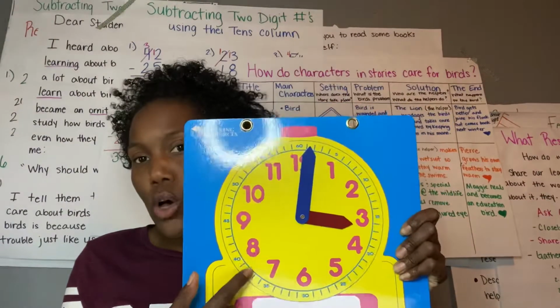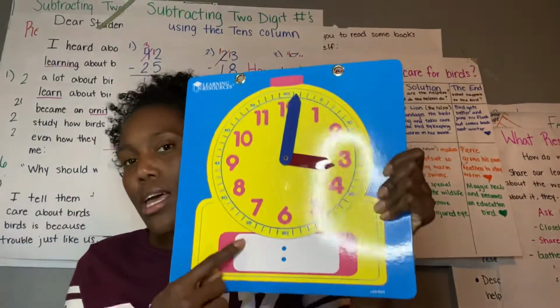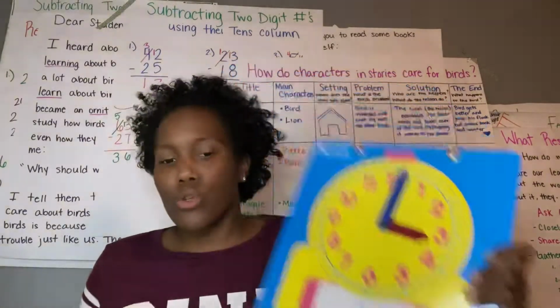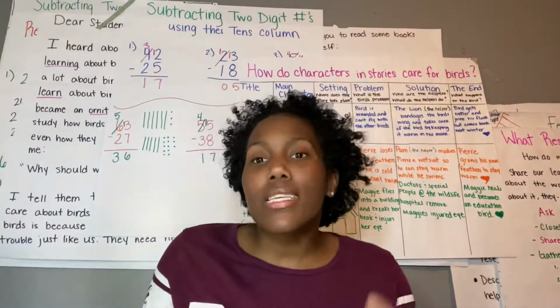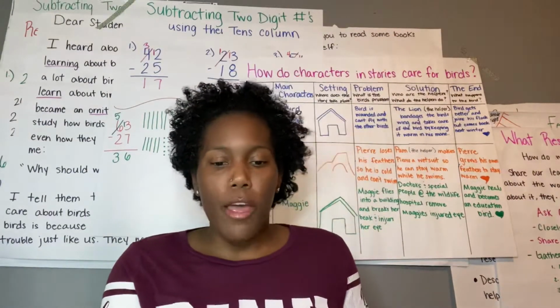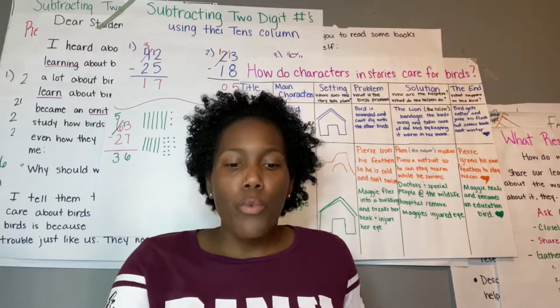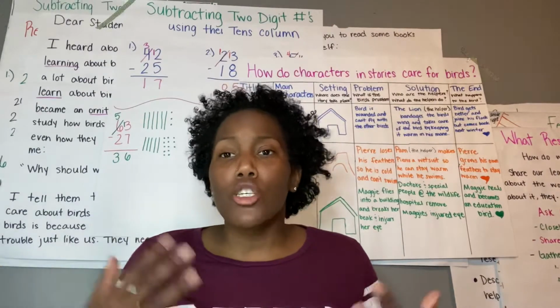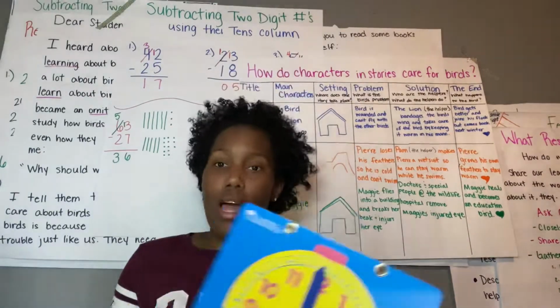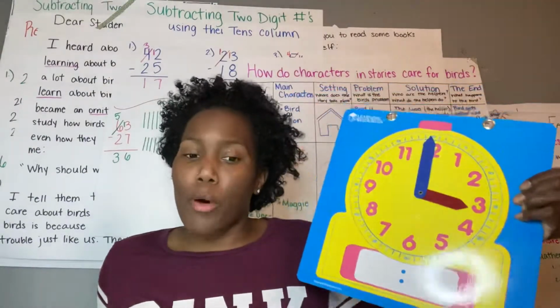An analog clock. This is an analog clock. This is how we would use this clock for digital time. They both are saying the same time, but we show them in different ways, okay? So we're going to do a little practicing, and I'm going to show you guys some times, and we're going to put them on both clocks so that we can see what it looks like both ways.